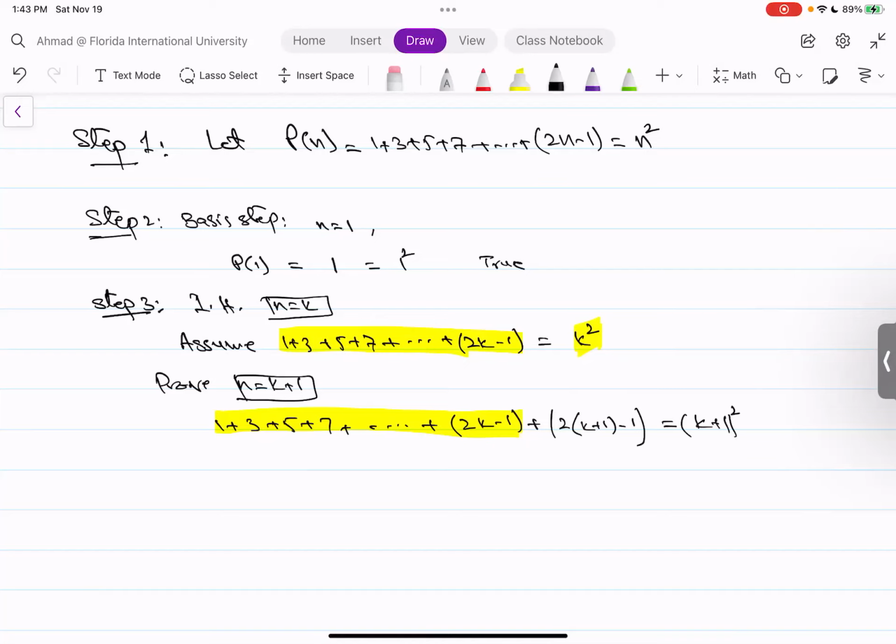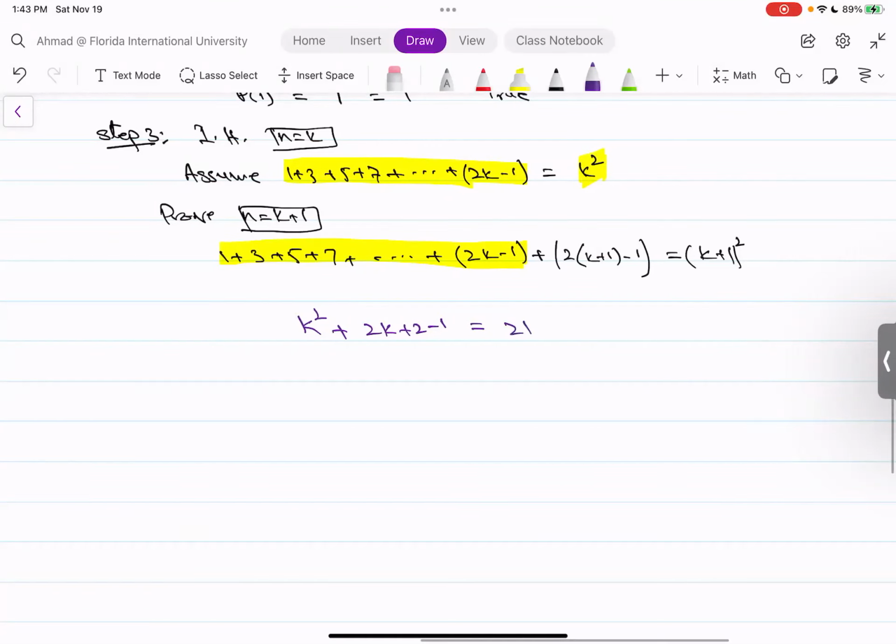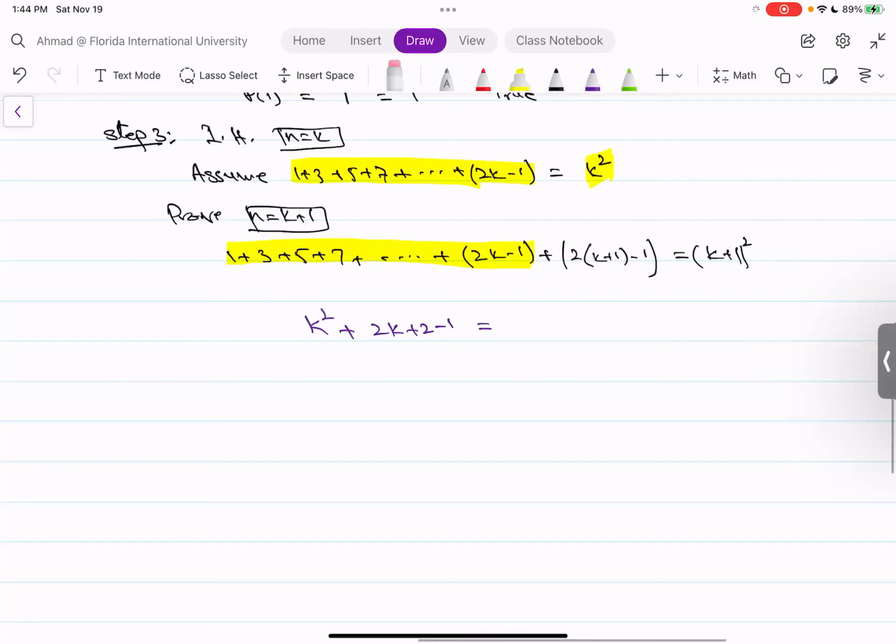And now what we can do is substitute this whole as k square plus 2k plus 2 minus 1, and this is going to be equal to, on the right hand side, if you open it up, k plus 1 into k plus 1, which is going to be k square plus 2k plus 1, right?